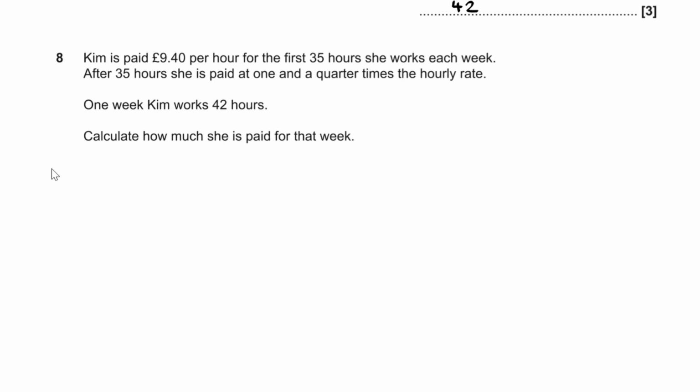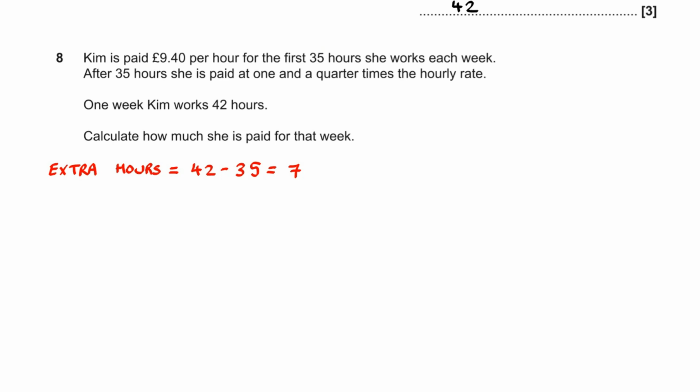So the extra hours she is working, we have 42 take away 35, which is 7. So she works an extra 7 hours. She's paid £9.40 for the first 35 hours. And then she's paid 1.25 times the hourly rate for every hour over the 35 standard hours.